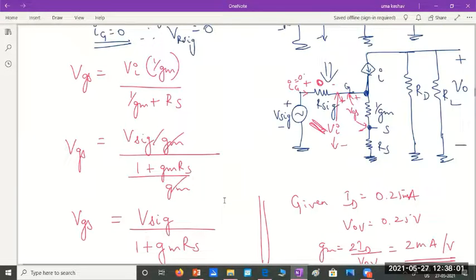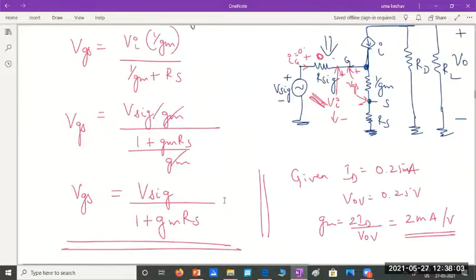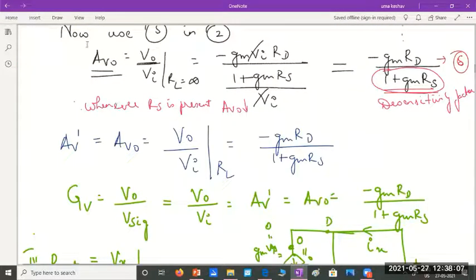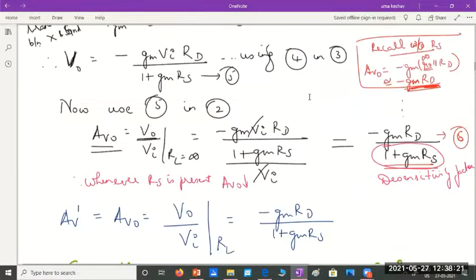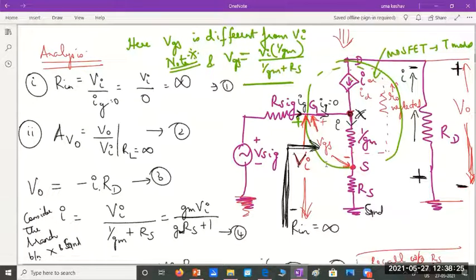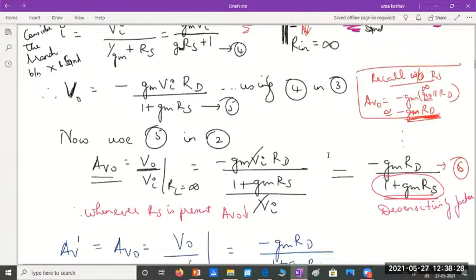Okay. So, do you remember what will happen when an RS is there? Look at the expression for AVO we had just derived. V naught by Vi when RL is infinity. What do I get? Minus GM RD by 1 plus GM RS. Okay. Remember, we have not considered this small r naught here. Here also you can neglect it in the problem.